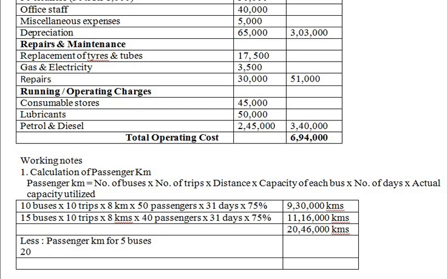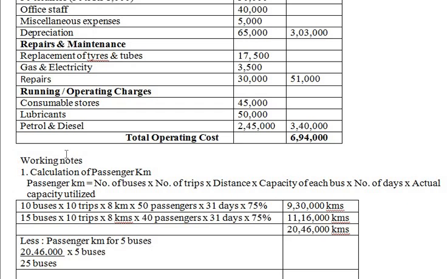So directly I am going to show here 20,46,000 divided by 25 buses, into we have to deduct of 5 buses.